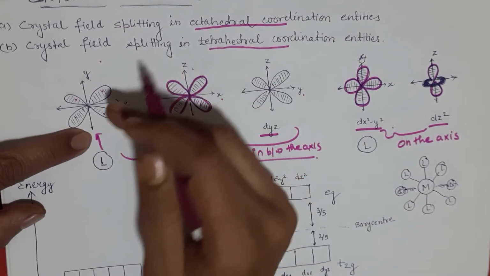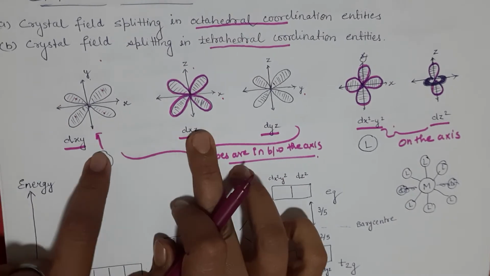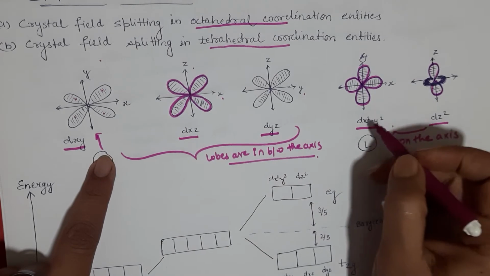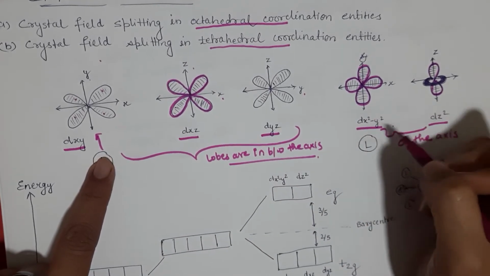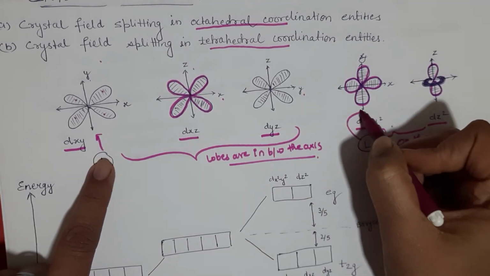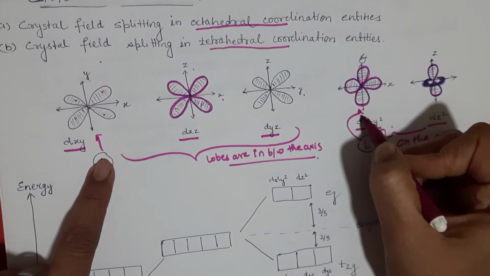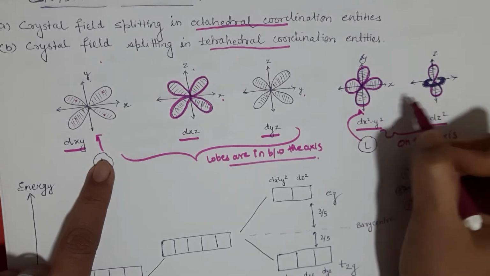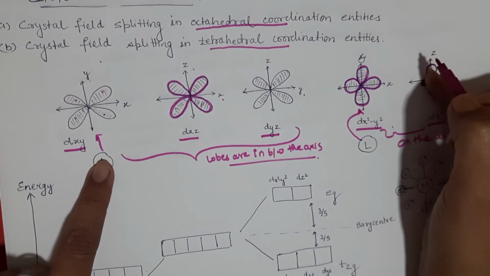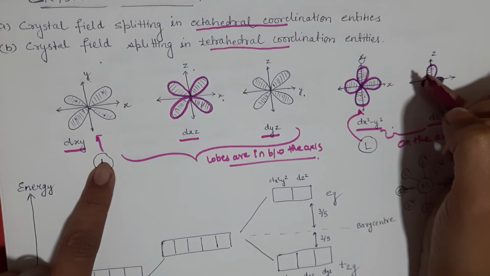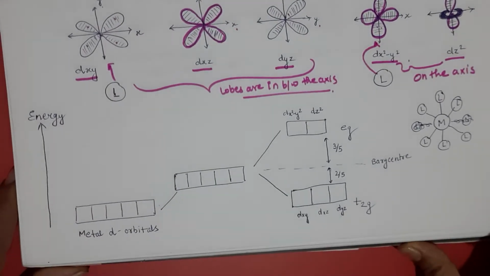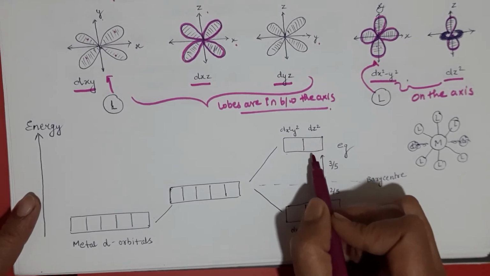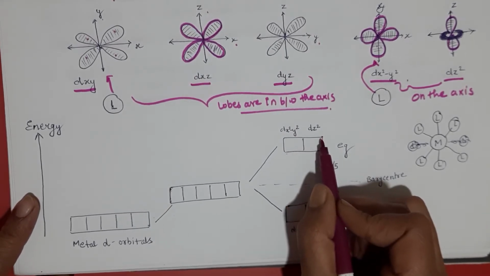That's why the energy of dxy, dxz and dyz is lower as compared to these two. In case of these, if the ligand approaches from the axis, it interacts with the electron present inside the lobe. That's why these two orbitals get higher energy when the ligand interacts with the central metal atom, dx square minus y square and dz square.